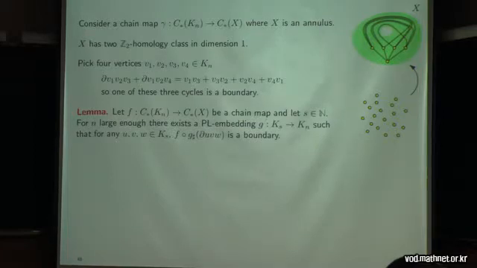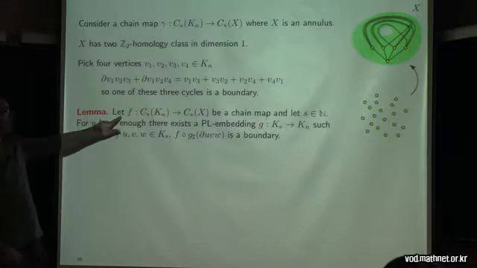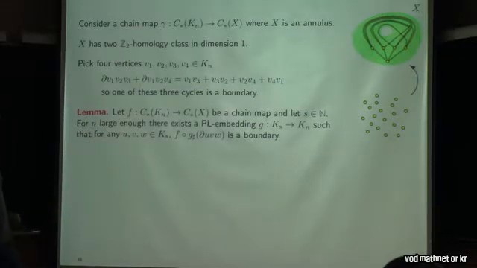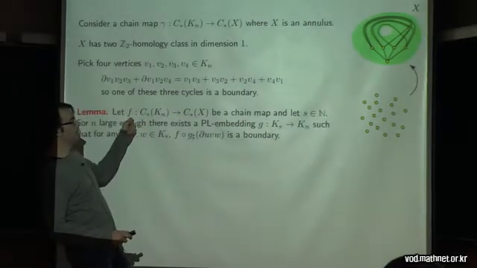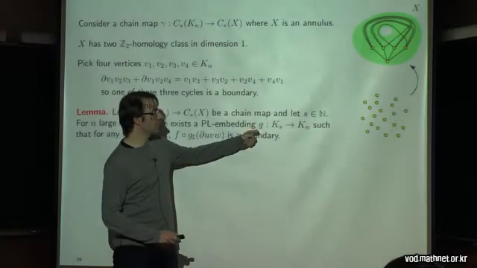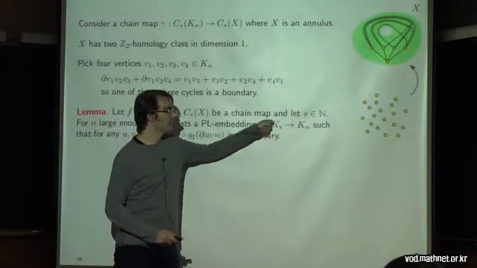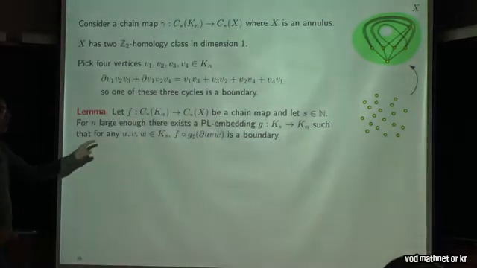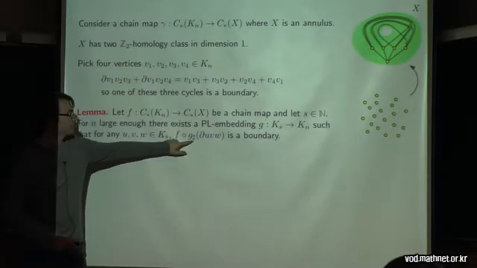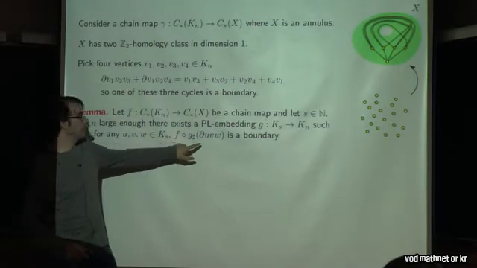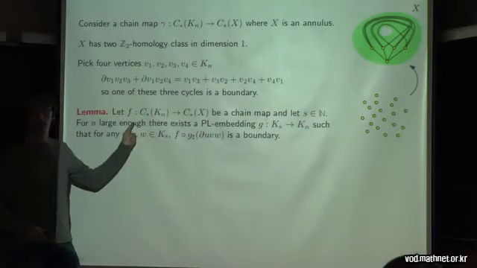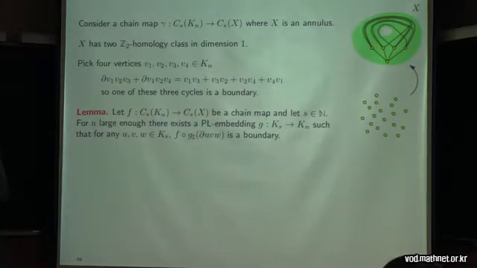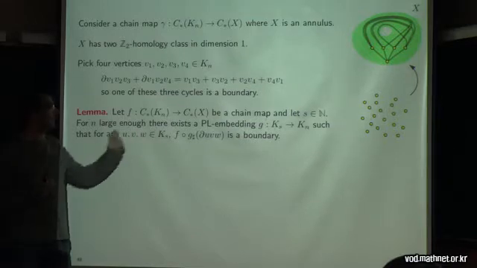And more precisely, what we can prove is that if you give me any chain map, F, okay, and I want to build another chain map G from Ks into Kn, so when I compose here, I look at any triangle in Ks, and I look at its image through G and then through F. And I want this composition to be fillable, okay, to be a boundary. So this can always be done for n large enough.